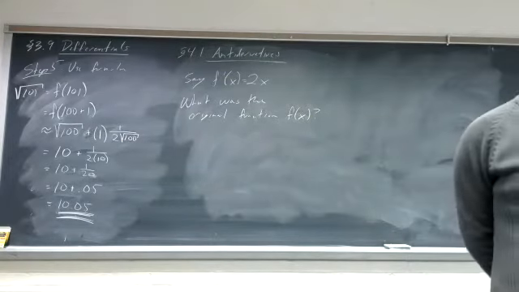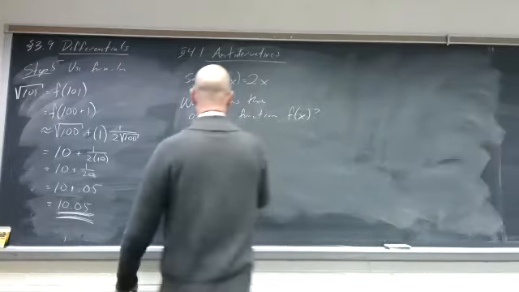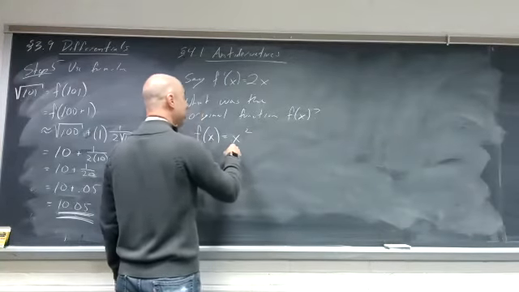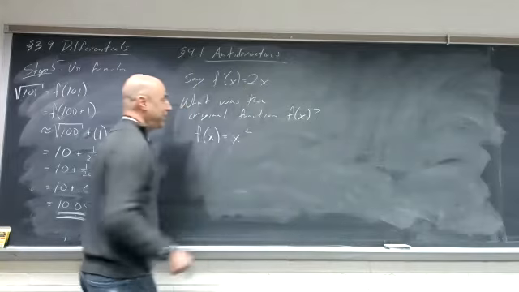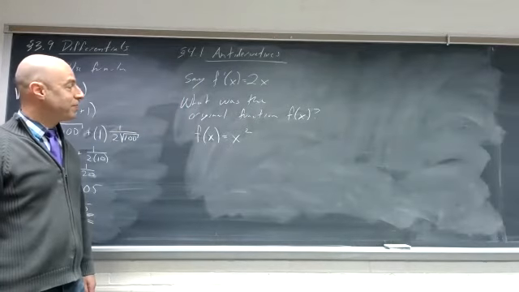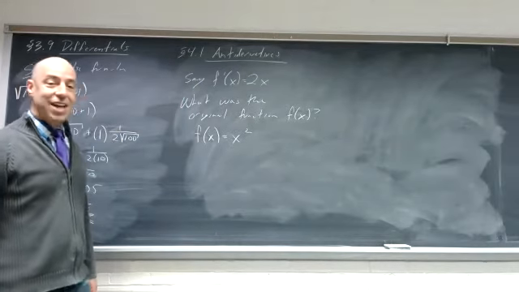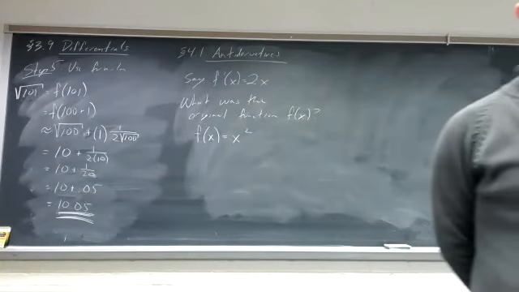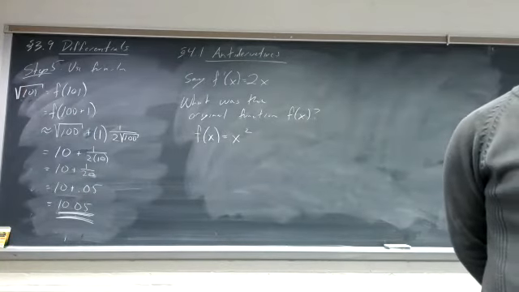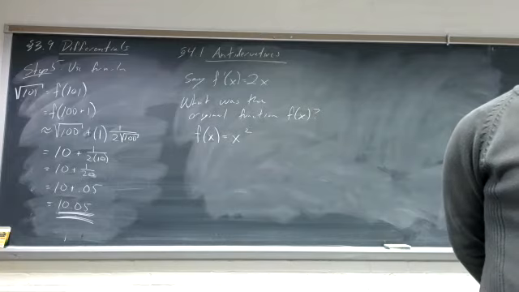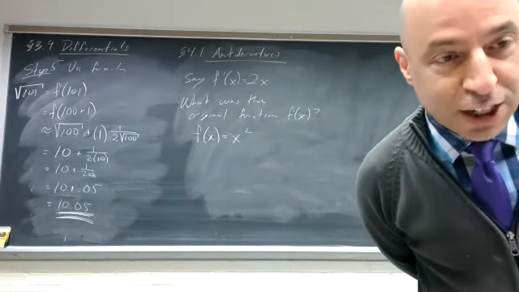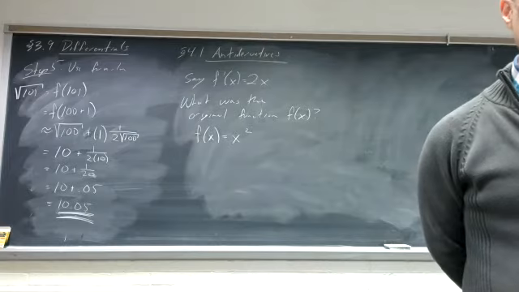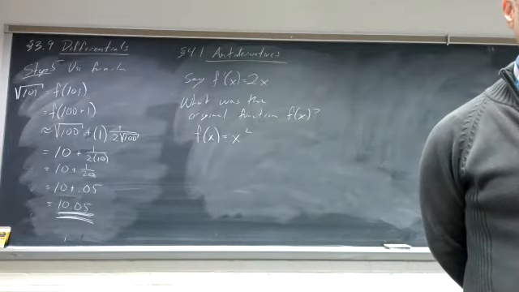x squared. Yeah, x squared. If I take the derivative of x squared, I get 2x. Is that the only possible function that somebody could have taken the derivative of to get 2x? Here's a hint. No. Give me another one. 1/2 x squared.